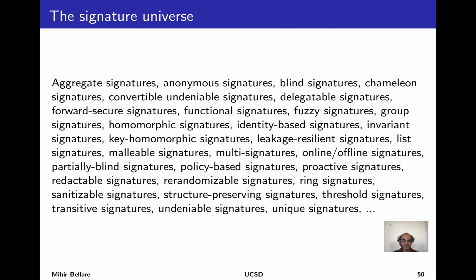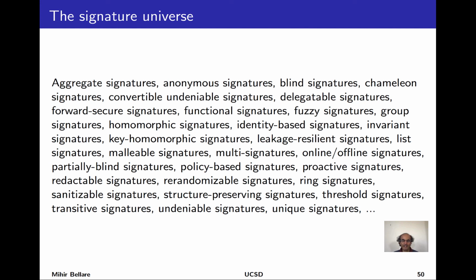Finally, we've only touched on the most basic types of signatures. Over the 30-odd years that signatures have existed, cryptographers have created a whole slew of variations and extensions and fascinating protocols which are different types of signatures.